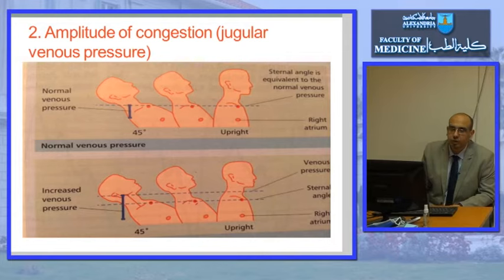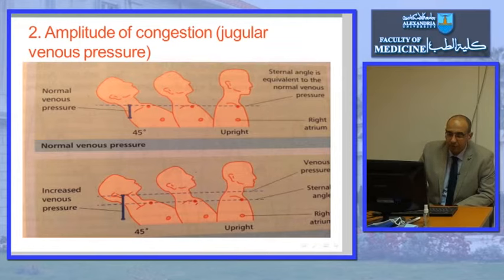How to measure the level of congestion or the jugular venous pressure? The patient is at 45 degrees, and then look here. We put a ruler at the level of the sternal angle, which is the junction between the manubrium and body of the sternum.